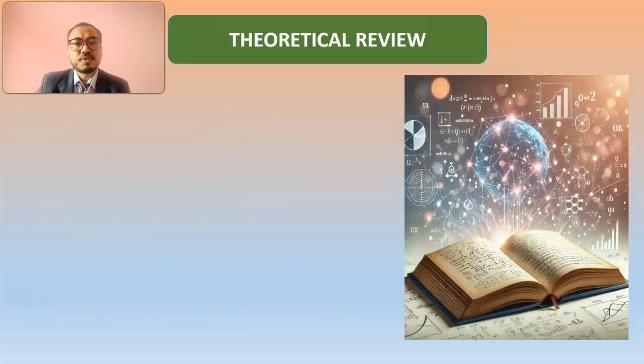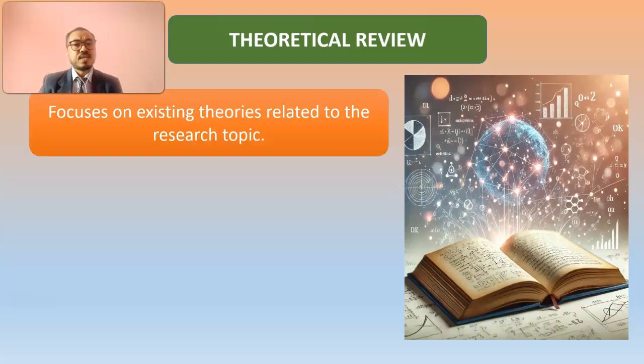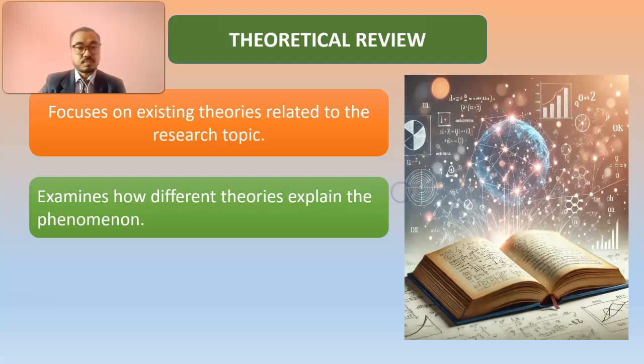The next one is theoretical review. So it focuses on existing theories related to the research topic, like on which topic you are going to do research. There are already lots of research papers available, so you can study those theories, and it will give you some ideas on how to carry your research work.